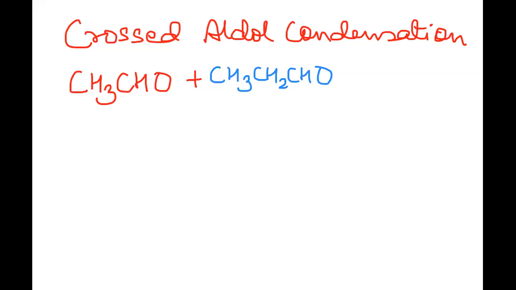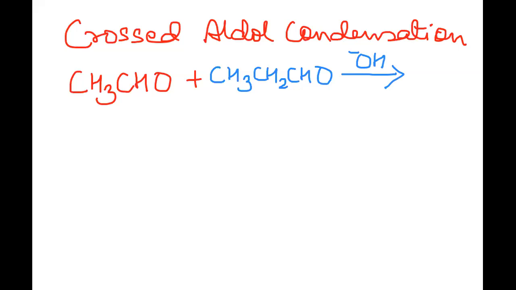Now in presence of OH minus, that is the hydroxyl group from the base, NaOH or KOH, whatever you have taken. Now you see, we are not carrying out the aldol condensation by taking just one molecule of acetaldehyde and one molecule of propanaldehyde. No, there are many of them. There are hundreds of acetaldehyde molecules and hundreds of propanal molecules.